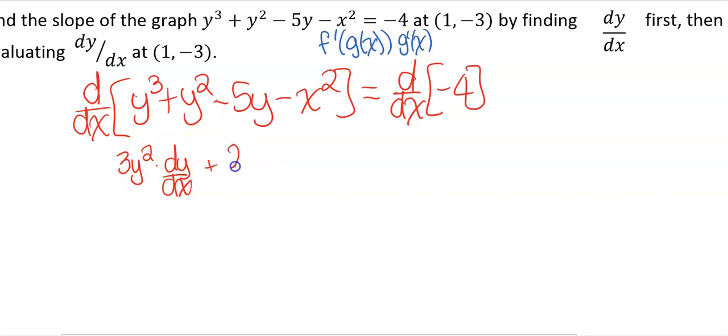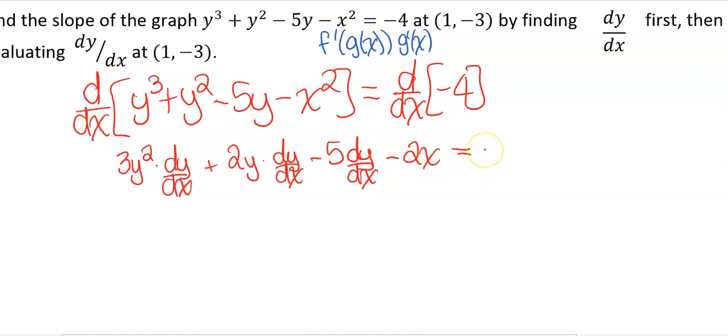We're going to add 2y times dy/dx minus 5 times dy/dx minus 2x. So we're differentiating with respect to x. And remember, on the right side, we're differentiating a constant. Differentiating a constant with respect to any variable is always going to be 0.